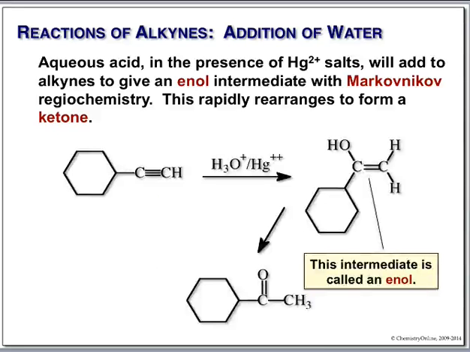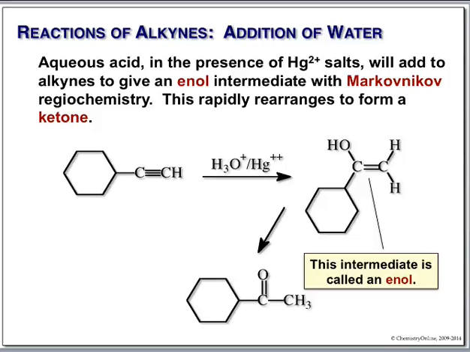What you would do is you would say to yourself, I am going to simply add water, H2O, to my triple bond. I remember that it's going to be a Markovnikov addition. So the OH is going to go to the most stable carbocation.